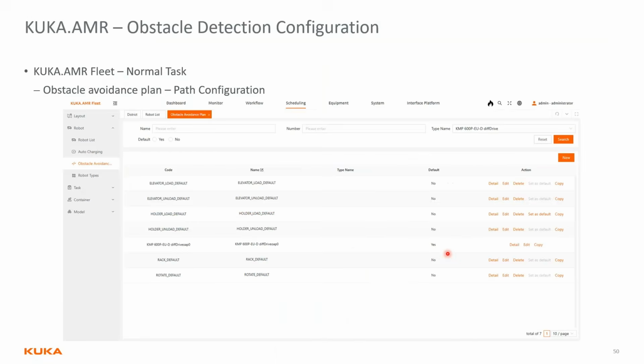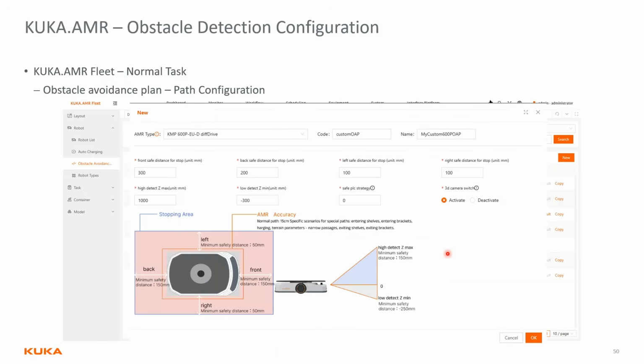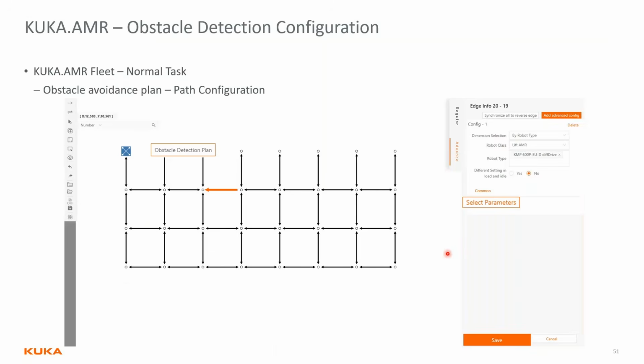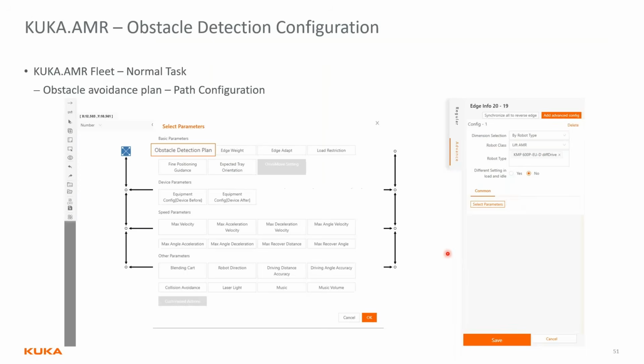If you want to create a new one, you go into the same page, scheduling, obstacle avoidance, and then you go to new and you create a new one. I'm creating a new one here, calling it my custom 600p obstacle avoidance plan. I put in some parameters that I would like to use. I can enable or disable the camera. And then I go to the map, edit the path, and select my plan, like you see here.